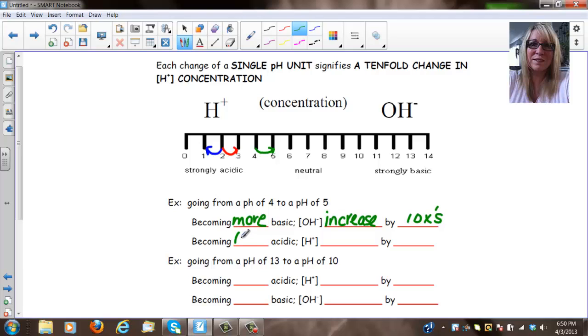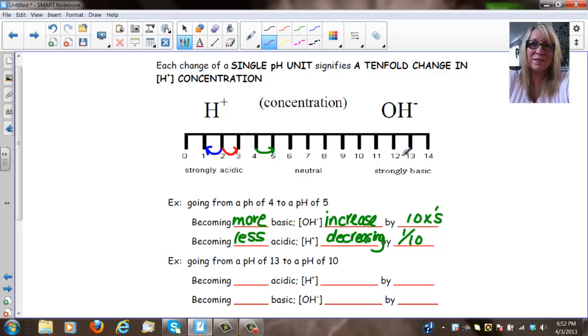I'm becoming less acidic, and the H concentration is decreasing by 1/10.